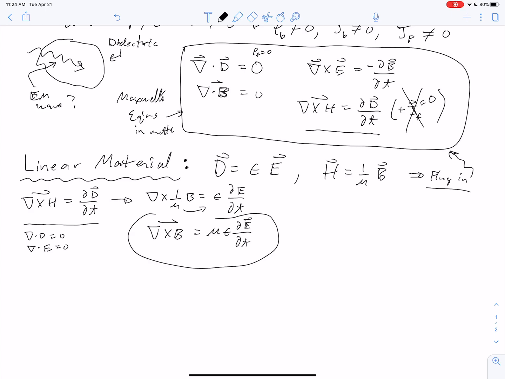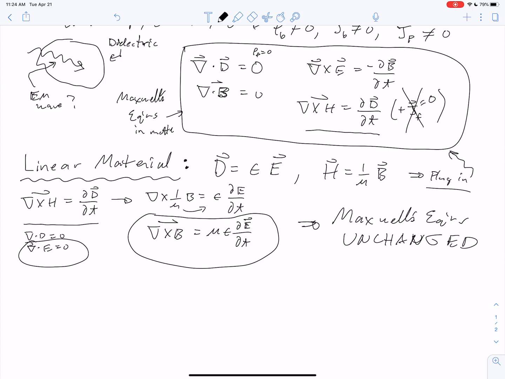And that's really nice, because we still have del dot E equals 0, and we see that Maxwell's equations are unchanged from the vacuum case. They're unchanged, except, there's always an except, we just replace epsilon naught with epsilon and mu naught with mu.